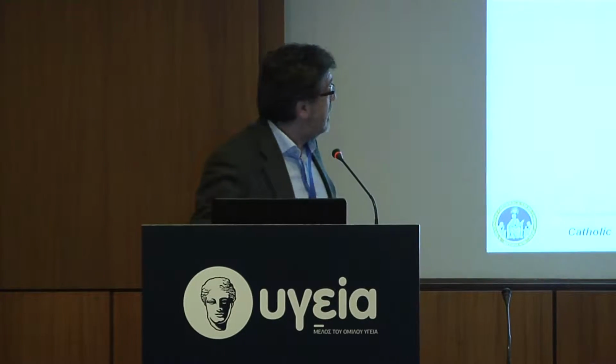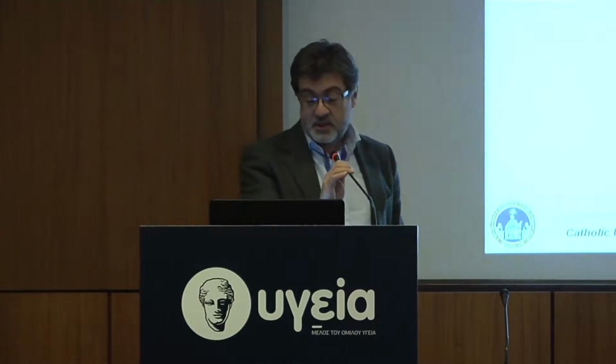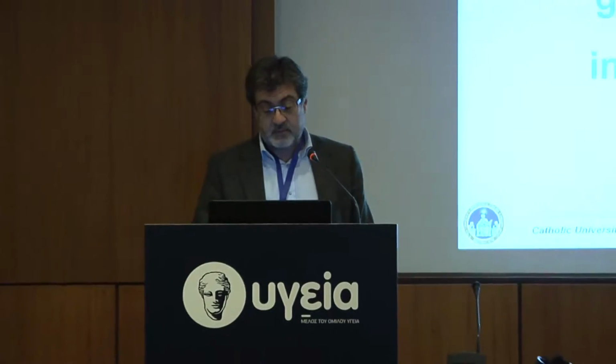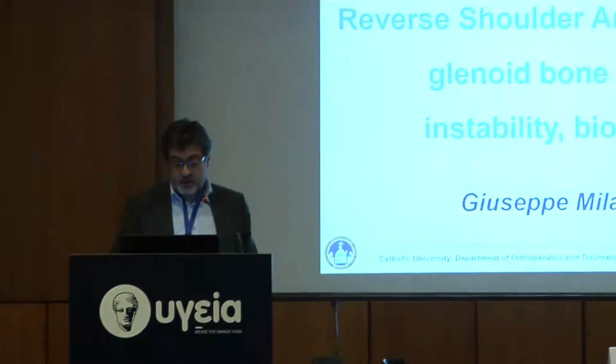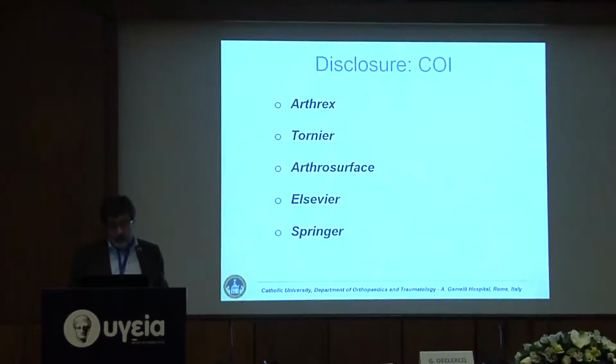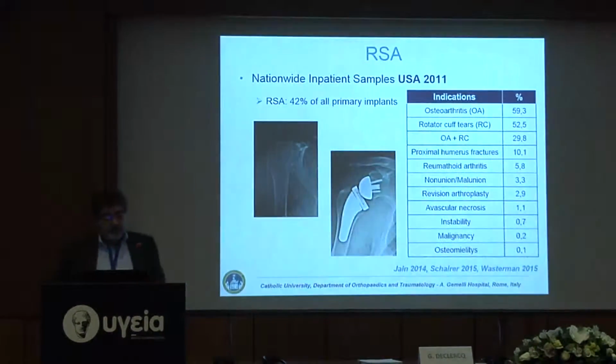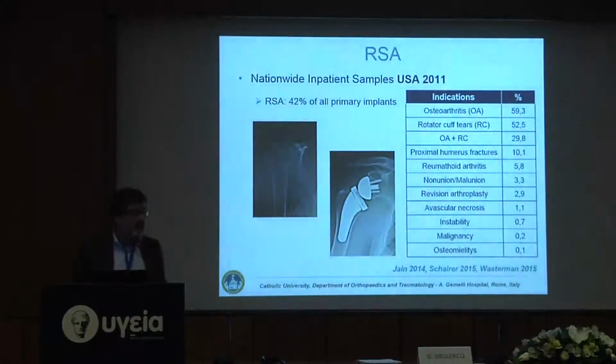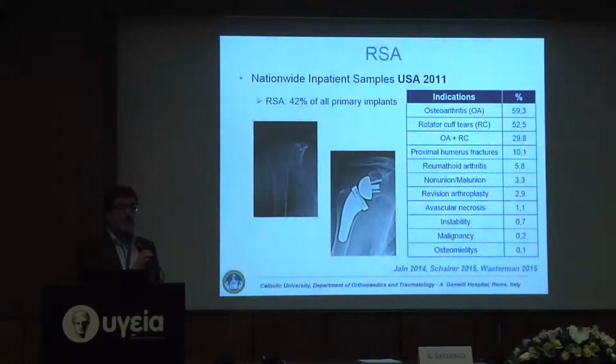So the last presentation today is about some difficult problems in glenoid wear and reverse shoulder arthroplasty. As you have seen, the number of implants during the last decades, last years, has dramatically increased.